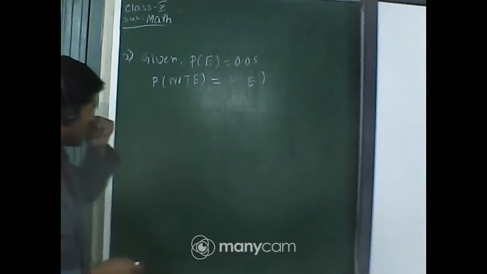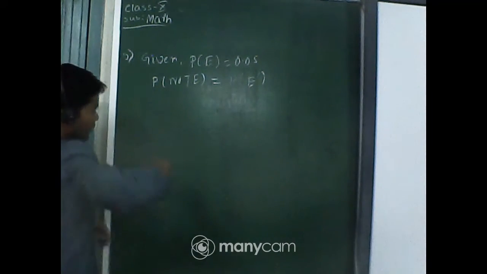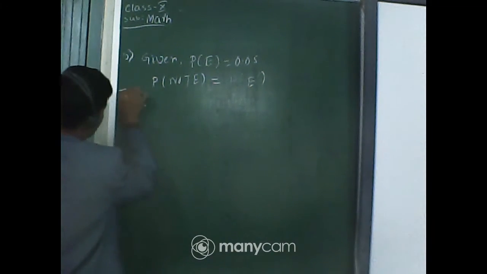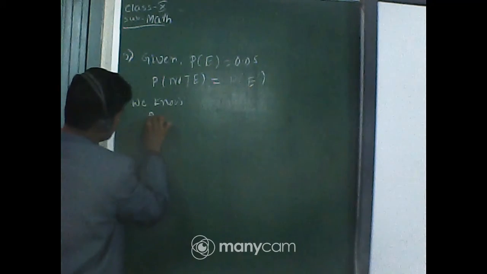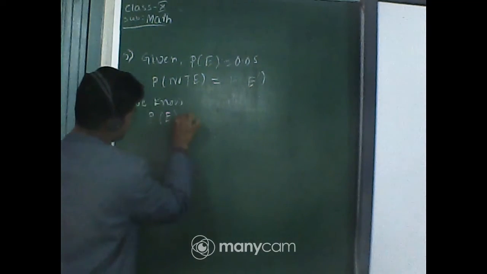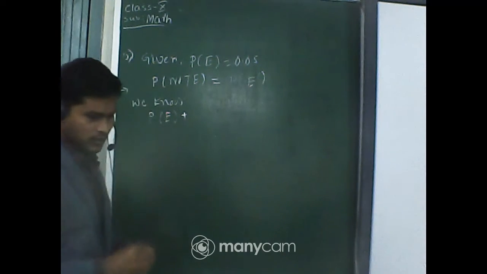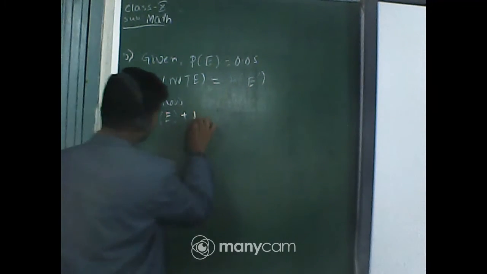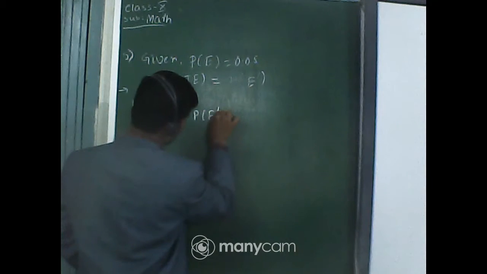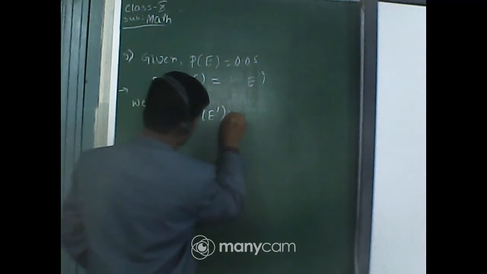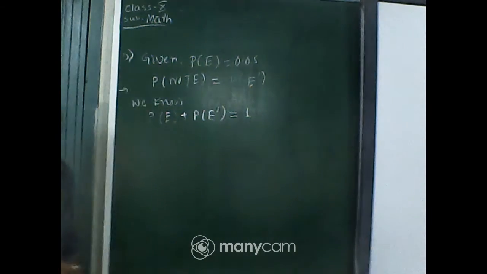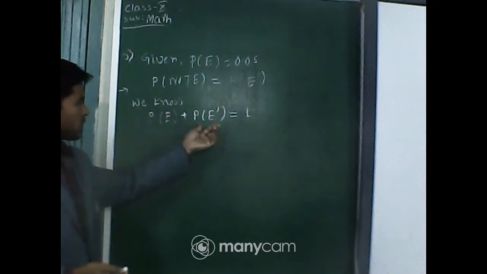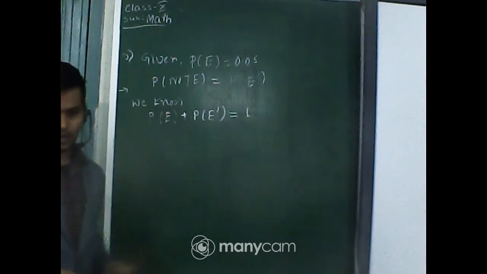Okay, so now look, we know that the probability of an event happening plus the probability of the event not happening is always equal to 1. Means P of E plus P of not E is equal to 1.